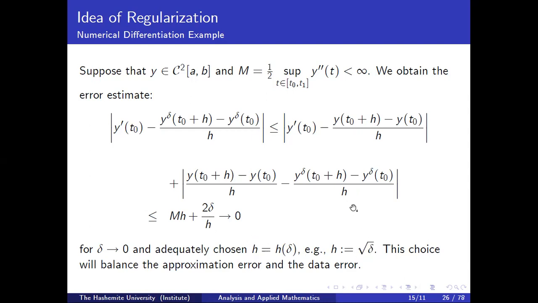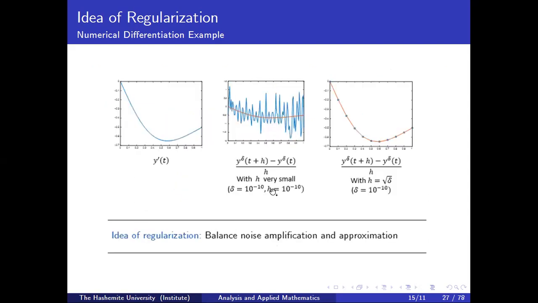For example, delta here is 10 to the power minus 10, so we can choose h 10 to the power minus 5. In this case, this is small because h is 10 to the power minus 5, and this is 10 to the power minus 10 over 10 to the power minus 5. This is 10 to the power minus 5, which is a small quantity. So we have two small quantities.